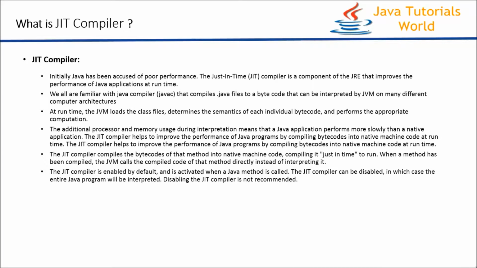This JIT compiler is enabled by default and activated when a Java method is called. The JIT compiler can be disabled, in which case the entire Java program will be interpreted. Disabling this JIT compiler is not recommended.